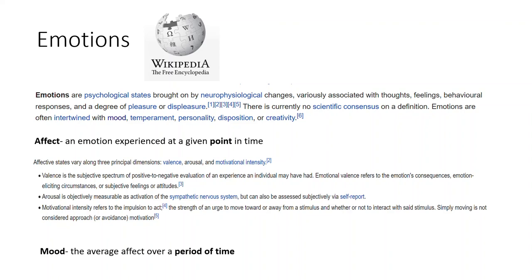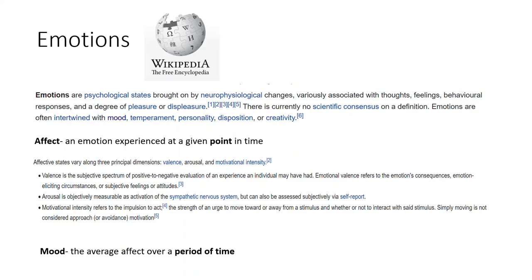And an affective state at any given time is described by these three variables here. Valence is simply whether it's positive or negative, plus or minus. Arousal is how energized you are. So arousal can be positive, you could be very happy, or it can be you're very angry or you're very sad.